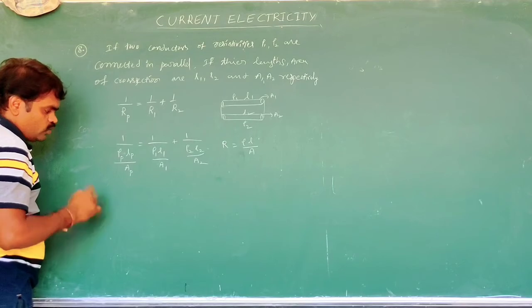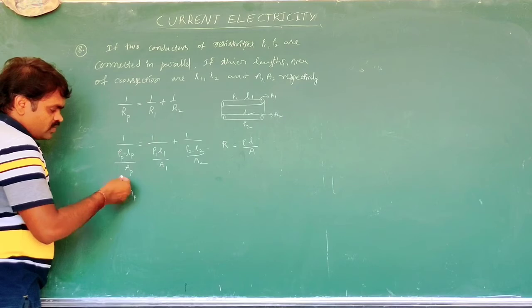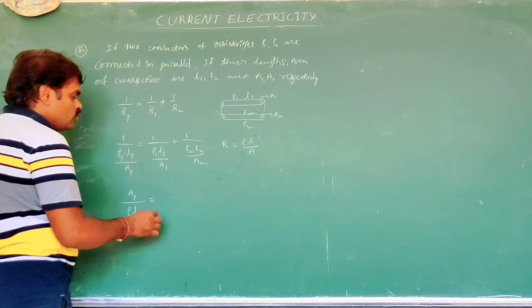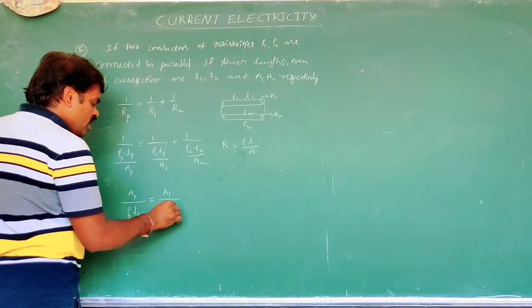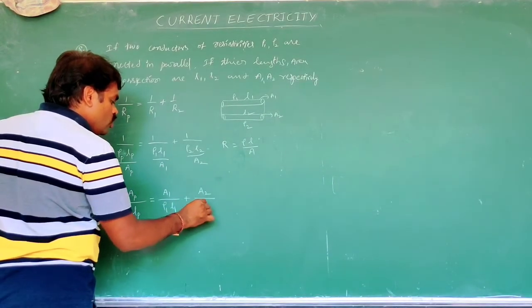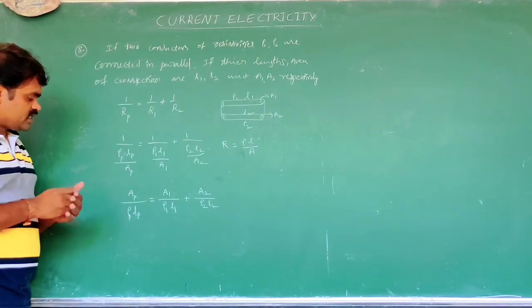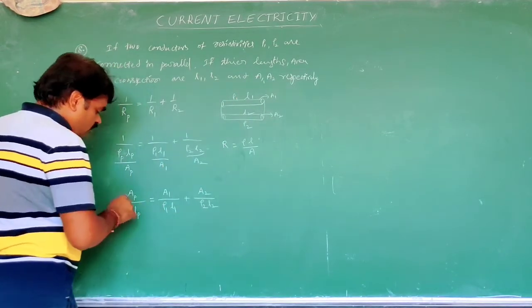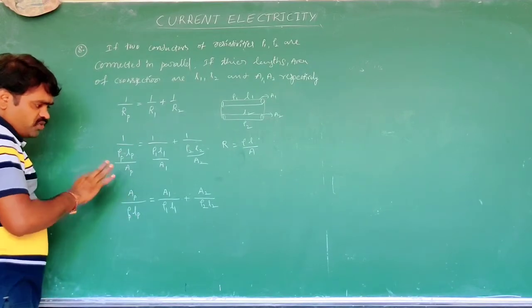Then reversing it, we get AP by rho P into LP is equal to A1 by rho 1 L1 plus A2 by rho 2 L2. This is the formula for AP in the parallel combination. Now this is for two conductors.